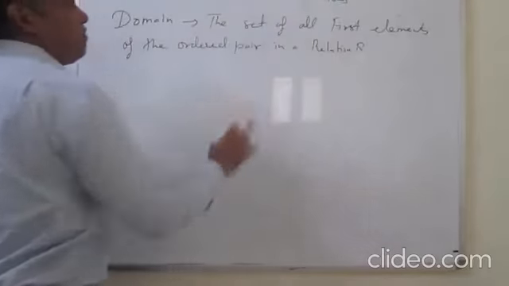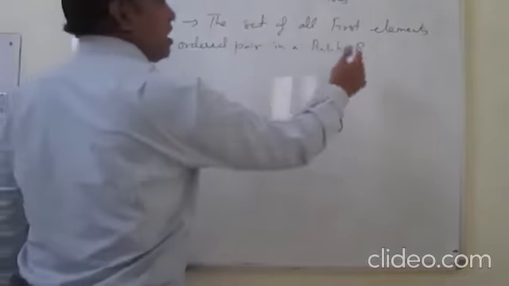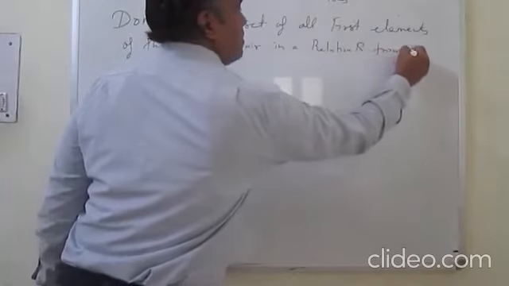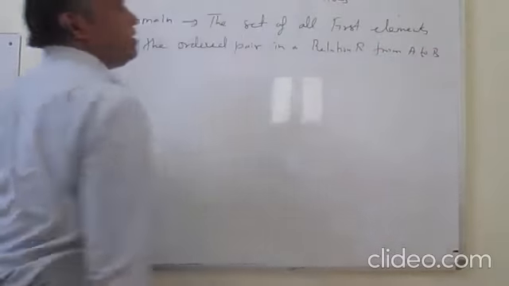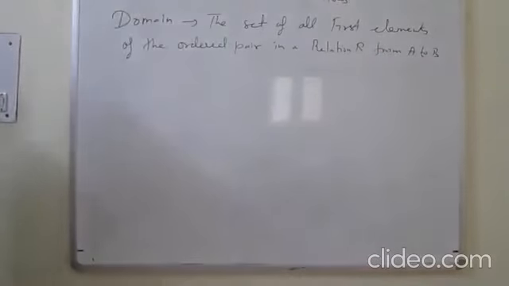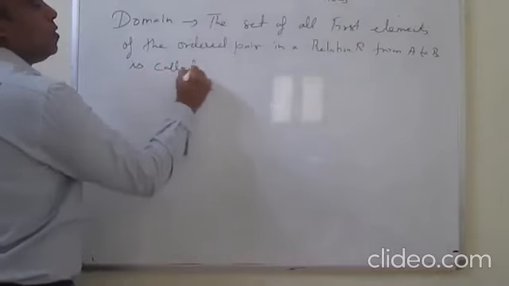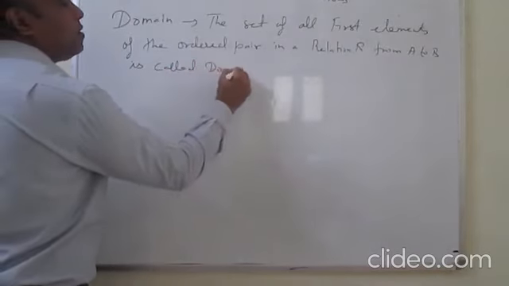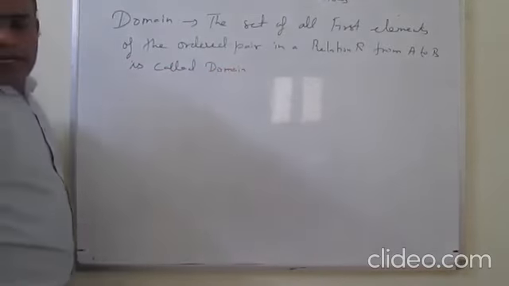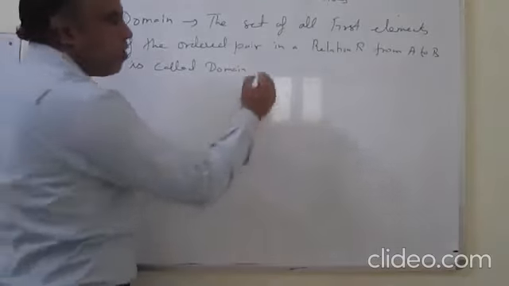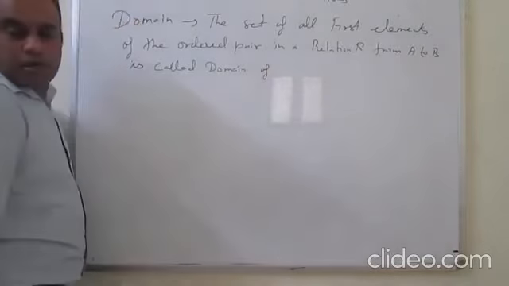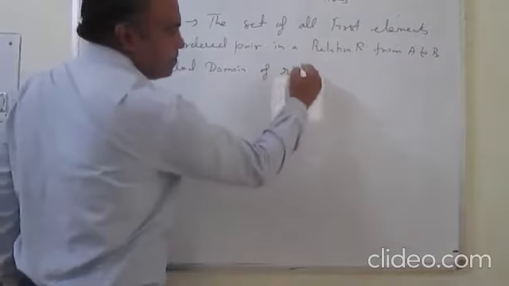The set of all first elements of the ordered pairs in relation R from non-empty set A to B is called the domain of relation R.